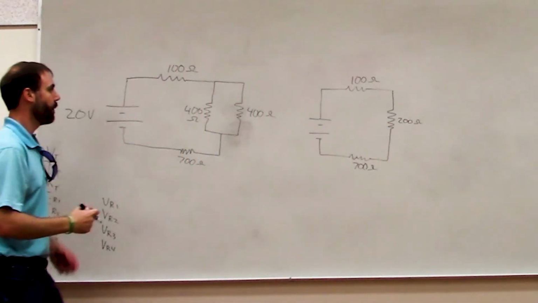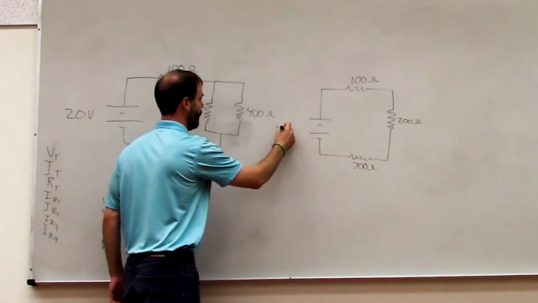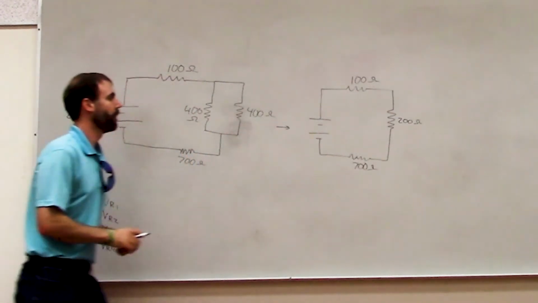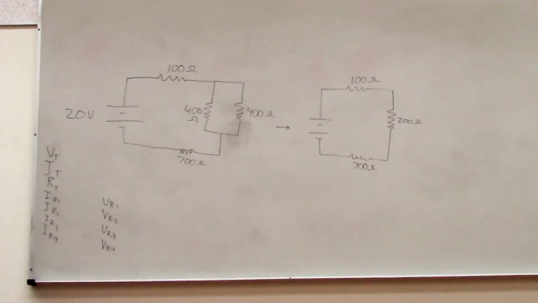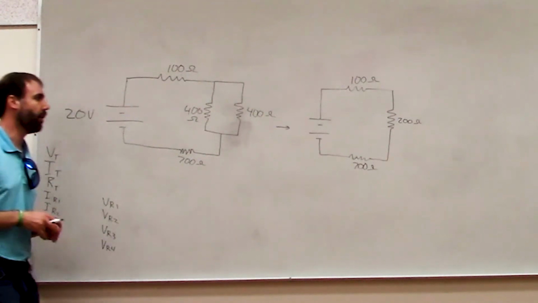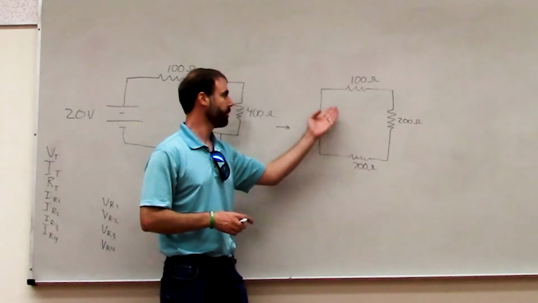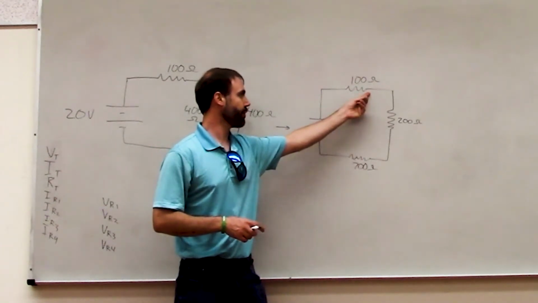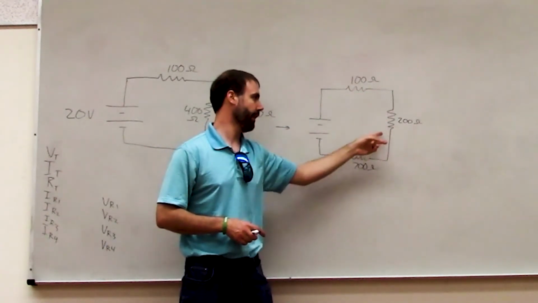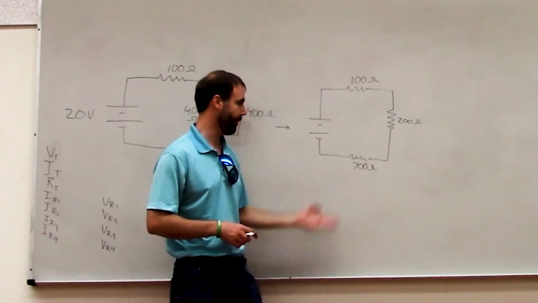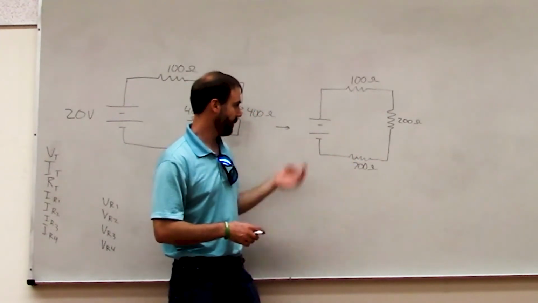So we've simplified this circuit a bit, but we'd like to get it down to just one resistor. So do you see any resistors in series or parallel in this second circuit? Yeah, the resistors are all in series now. Exactly. Right? The end of the first resistor connects to the start of the second one, the end of the second one connects to the start of the third, and then the third one connects back to the power supply.